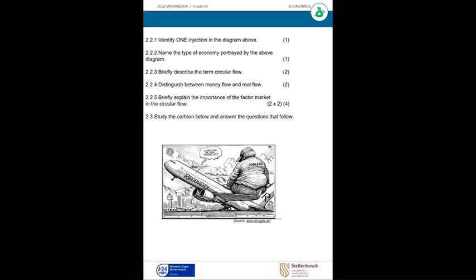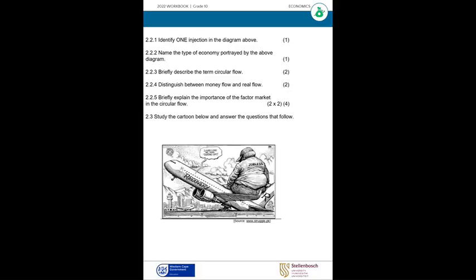2.2.4, distinguish between money flow and real flow. So obviously, the name says it already, money flow. If you think of money flow, what is it showing? It's showing you the flow of money, or deals with money flowing. And which money are we talking about that's flowing around?